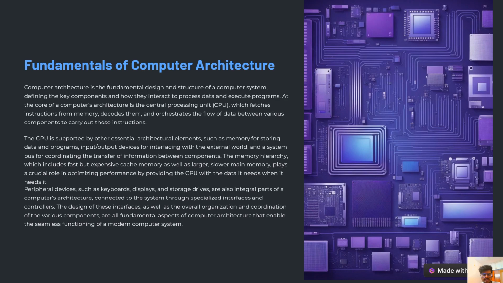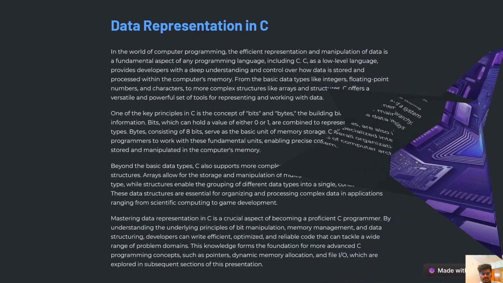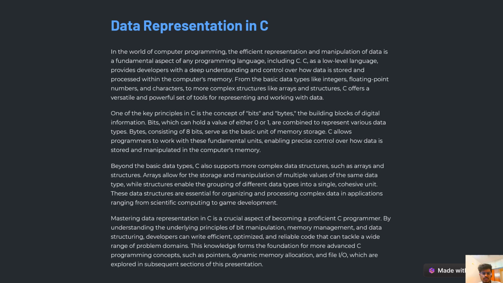Data representation in C. In the world of computer programming, the efficient representation and manipulation of data is a fundamental aspect of any programming language, including C. C, as a low-level language, provides developers with a deep understanding and control over how data is stored and processed within the computer's memory.